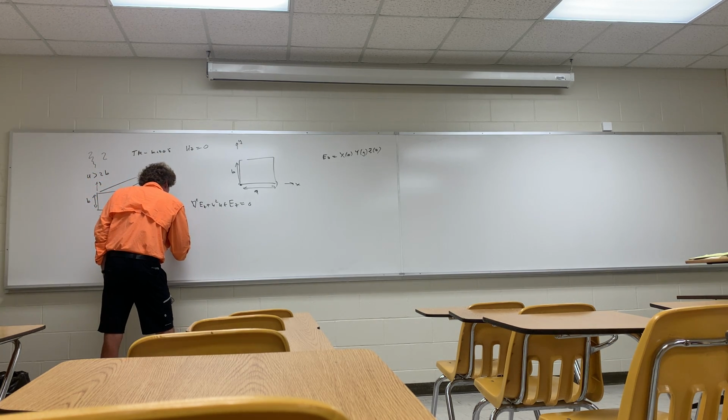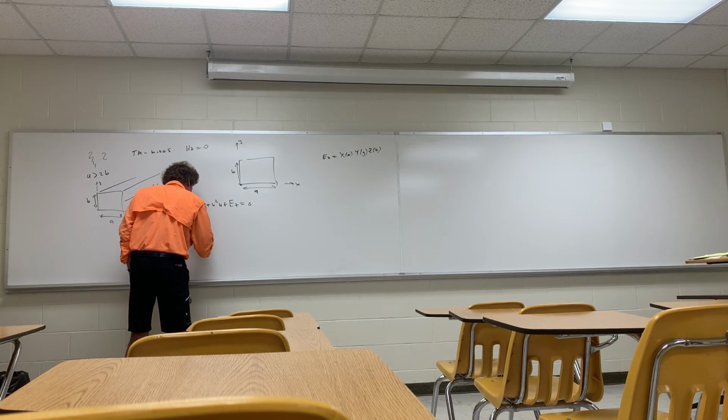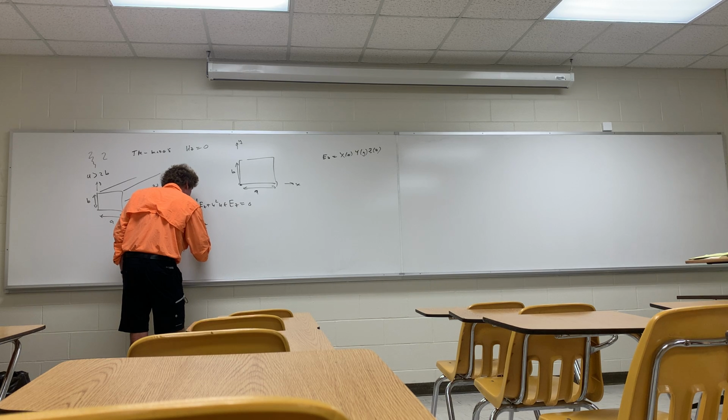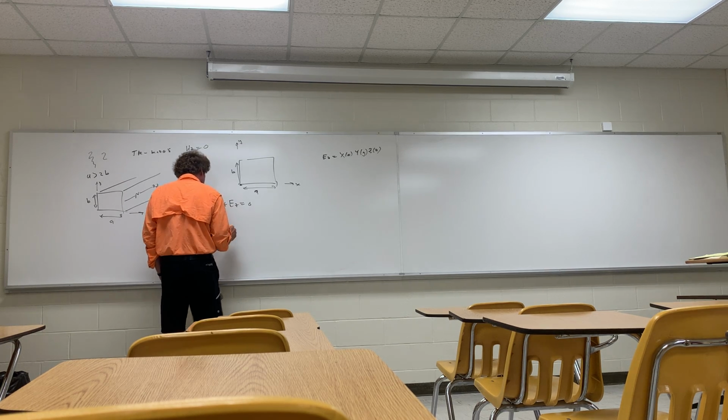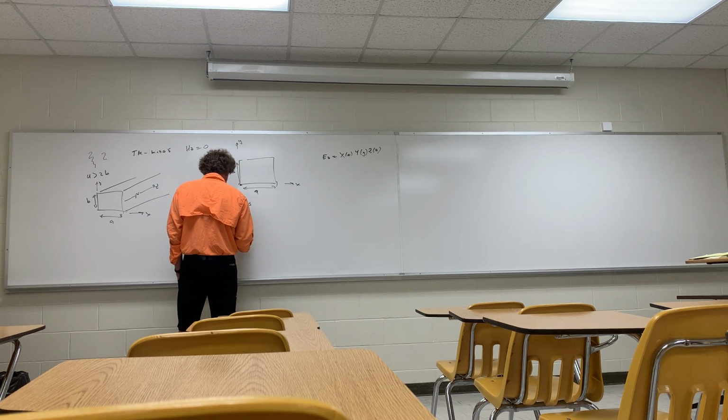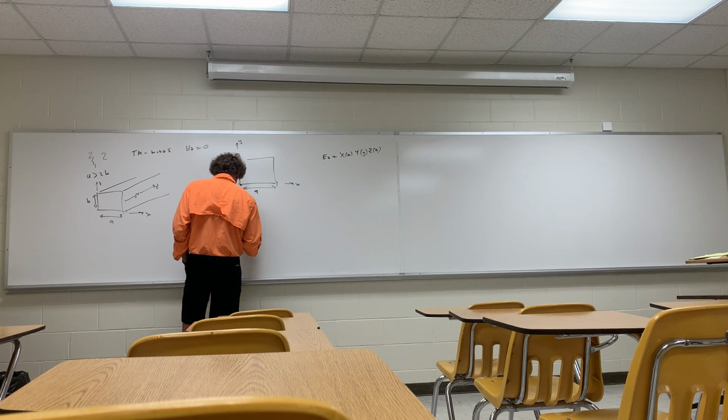So this becomes second derivative of EZ with respect to X squared plus second derivative of EZ with respect to Y squared plus second derivative of EZ with respect to Z squared plus, and then we'll substitute beta unguided squared here for omega squared mu epsilon, times EZ equals 0.